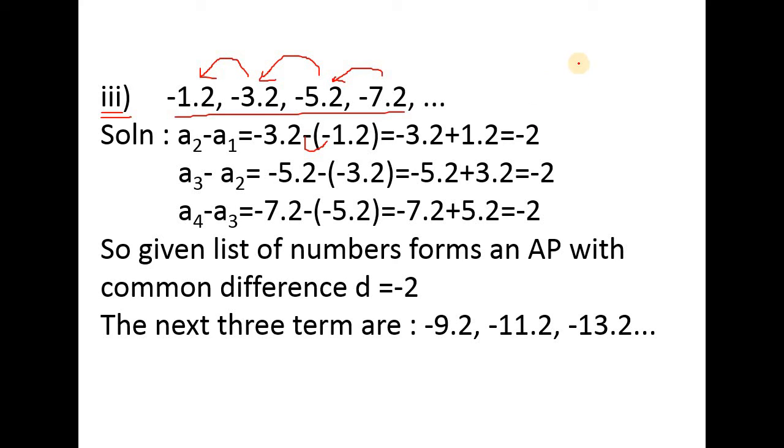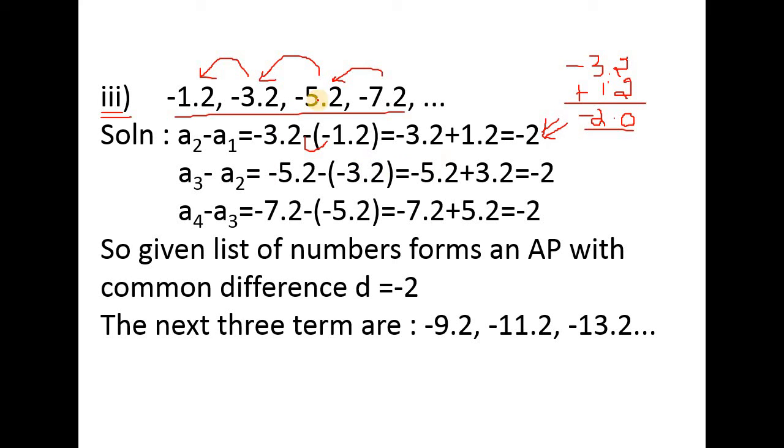If you subtract 3 minus 1, you get 2, and the bigger number's sign is minus. So minus 2 by 2, which is minus 1. We have written minus 1 like this.